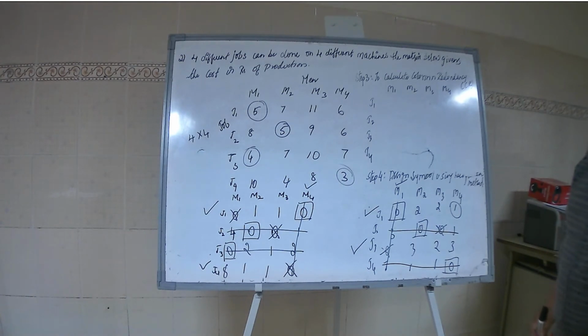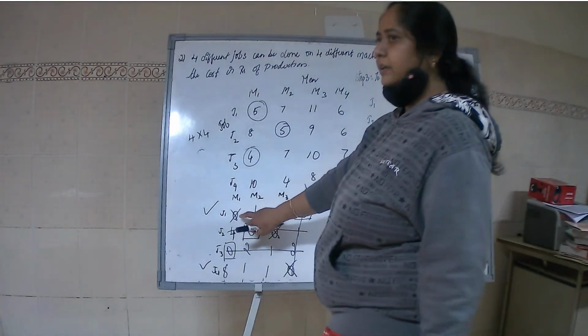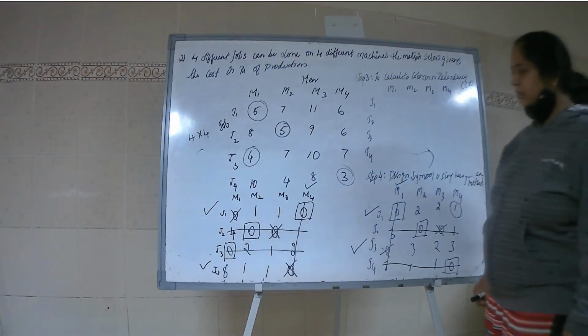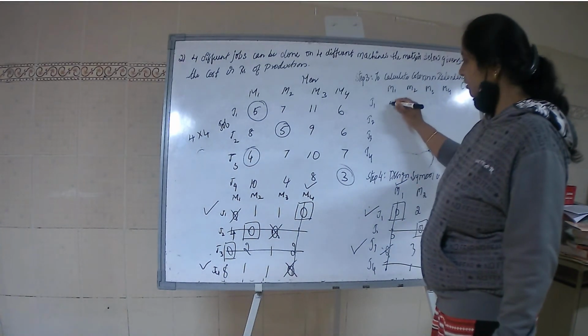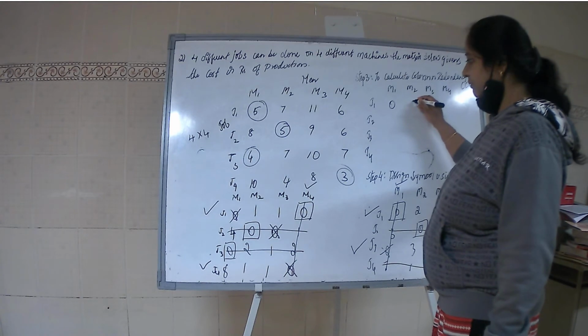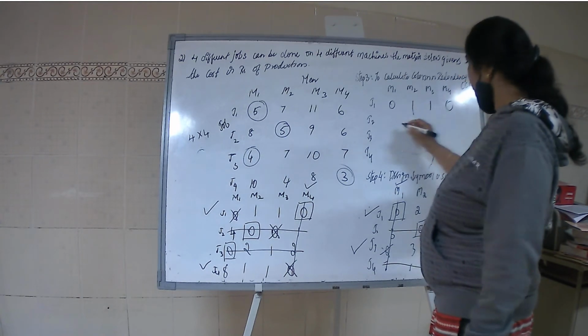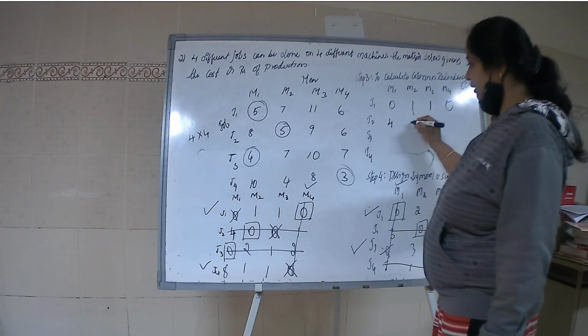Here 0 is there, so that is unstruck, there is no minimum value. Okay, so here subtraction you have to do, it becomes 1, 1, 0. So again it will be 4, 0.